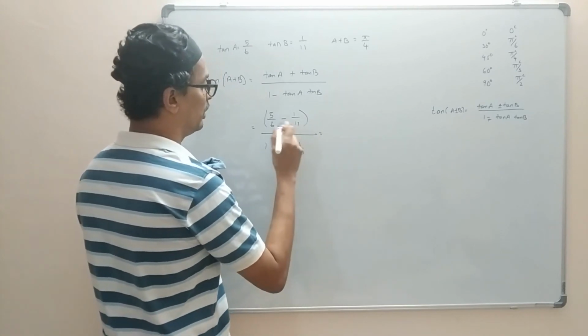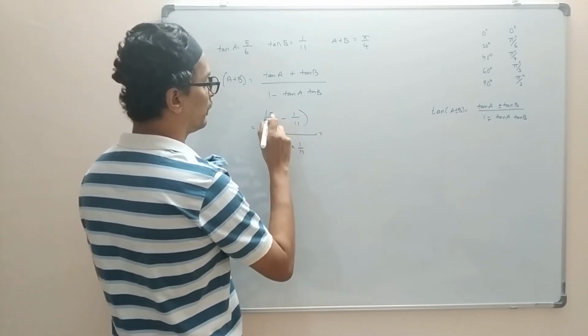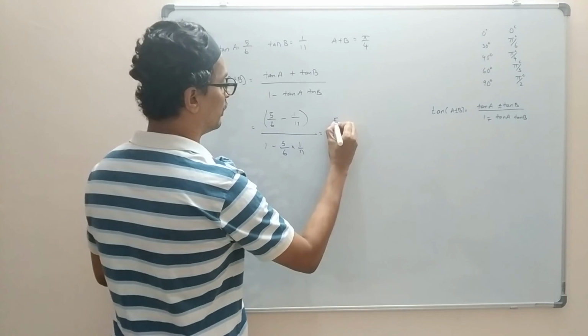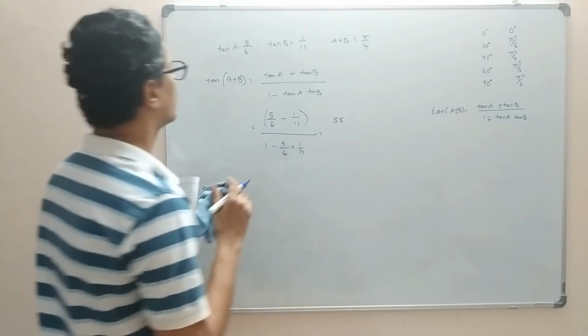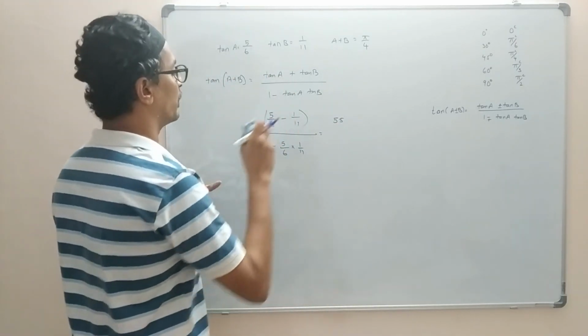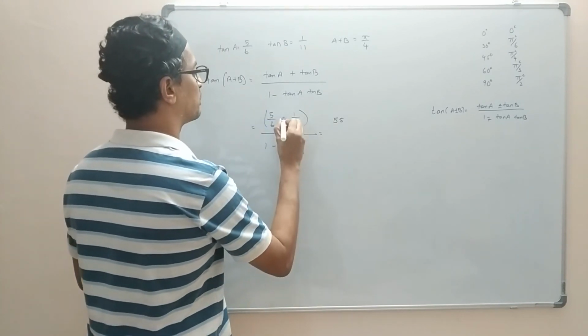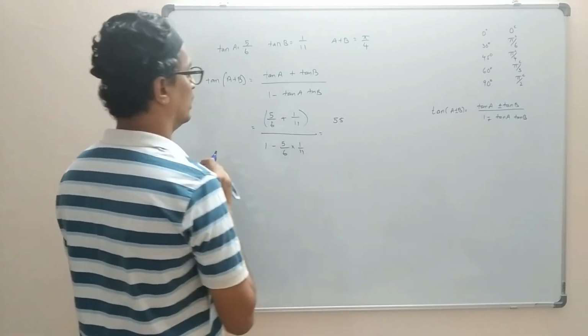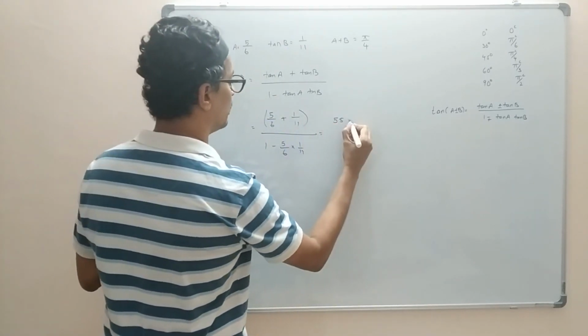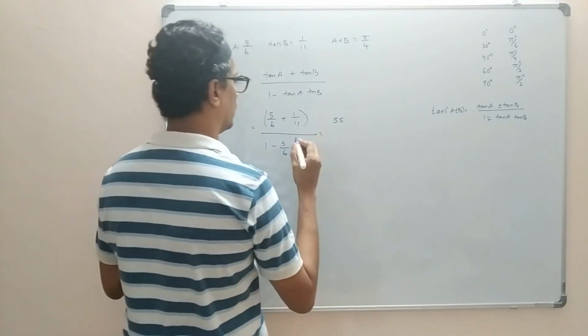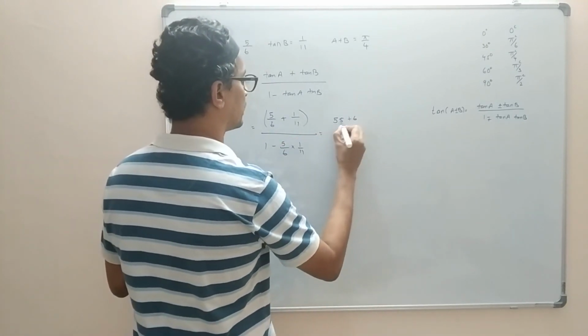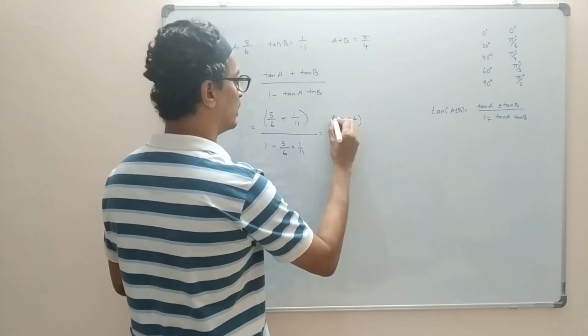So this will be 55 plus 6 divided by 66, correct?